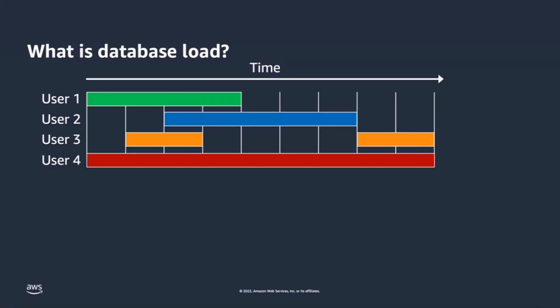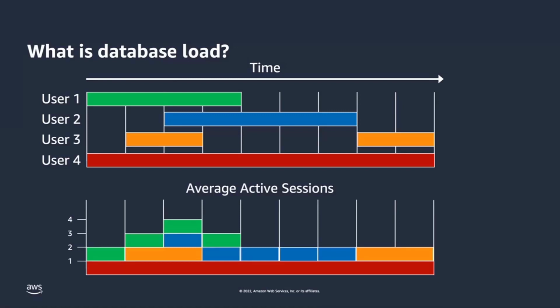So when that's averaged over time periods, we can see how busy an instance is during a particular period of time and how much time sessions are spending waiting for the instance to respond, right? So then when we stack those, like you see on the bottom here, we can get a nice graph of all of the active sessions on the database at these points in time and really understand which requests are causing load and what they might be waiting on.